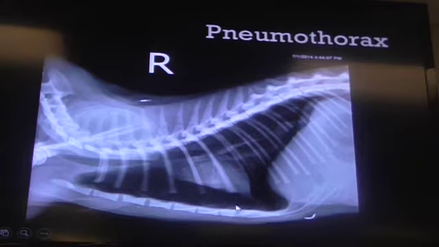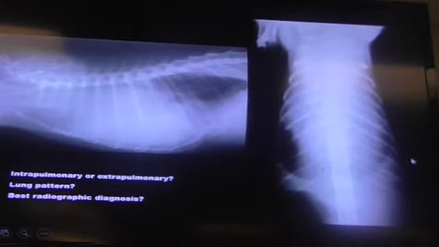Could be a puncture area of this cat, a big dog. So it could be any number of things, but I would want my orthogonal before I pass judgment on it.